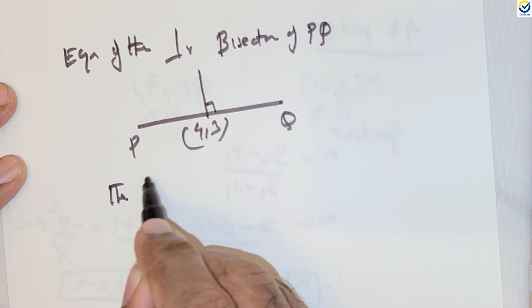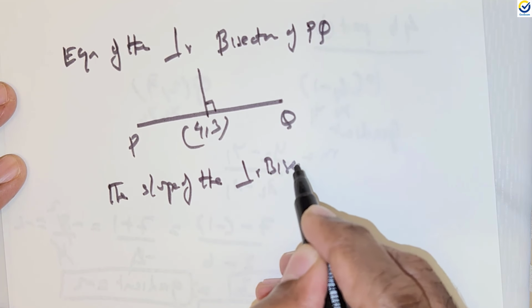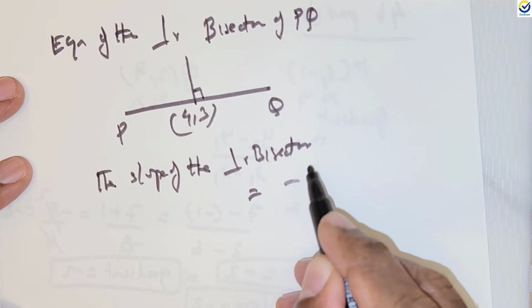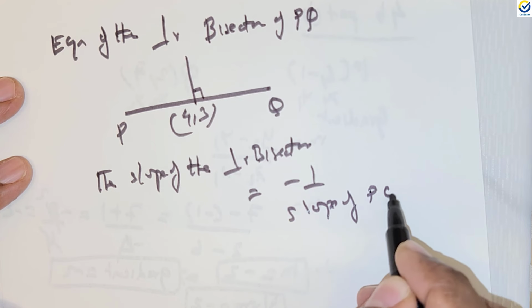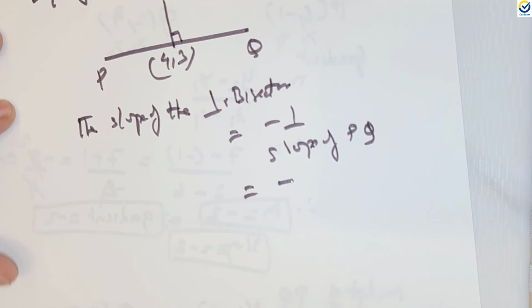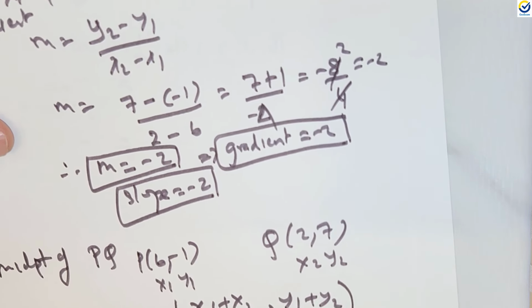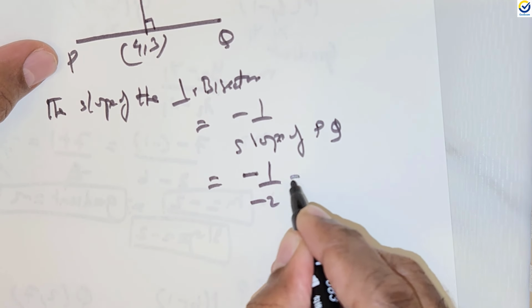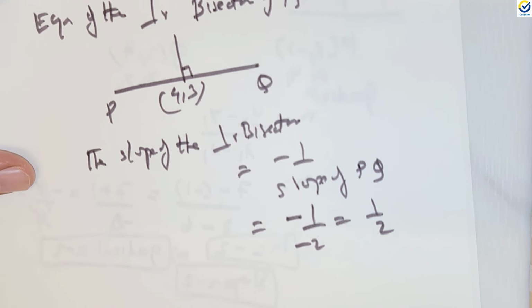So the slope of the perpendicular bisector will be equal to −1 over the slope of PQ. We got the slope of PQ as −2, so it's going to be −1 over −2, which is 1 over 2. This is the slope of the perpendicular bisector.